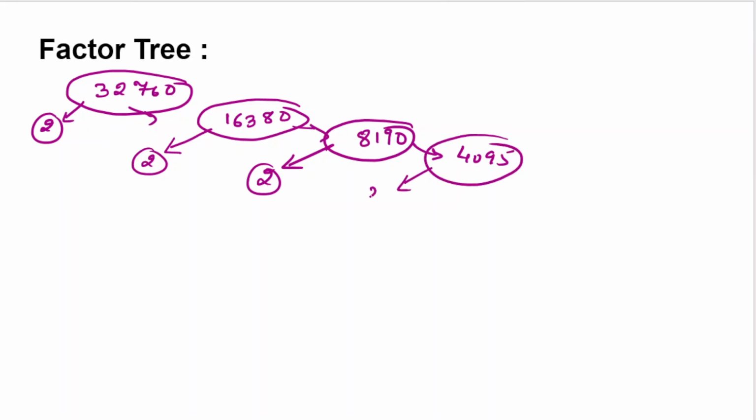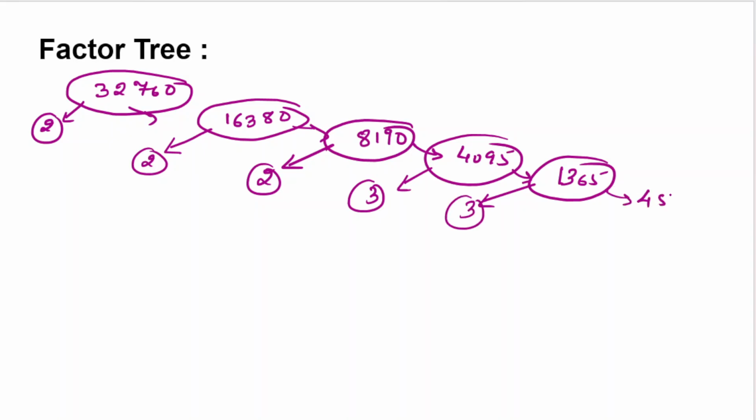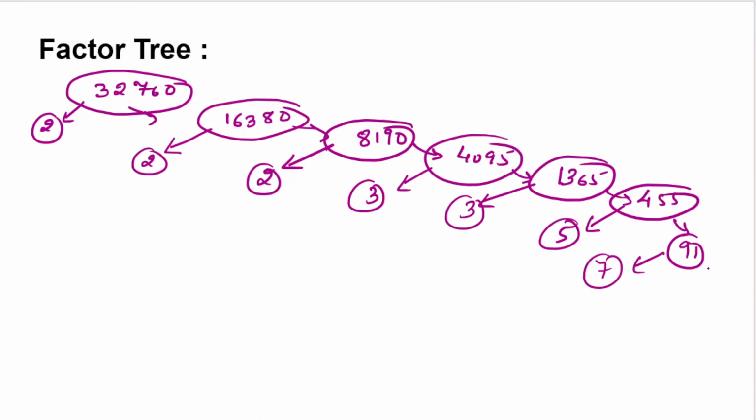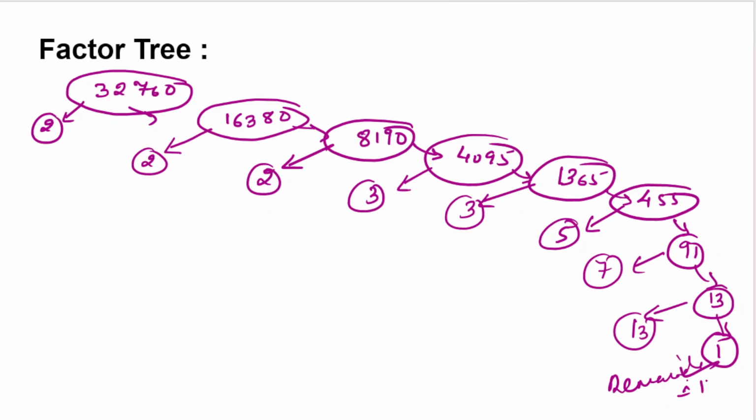When you divide this number by 2, you get 16380. Now again divide by 2, you get 8190. Divide again by 2, you get 4095. Divide by 3, you get 1365. Divide by 3, you get 455. Divide by 5, you get 91. Divide by 7, you get 13. And when you divide by 13, you get 1. When the last number you get is 1, we stop.